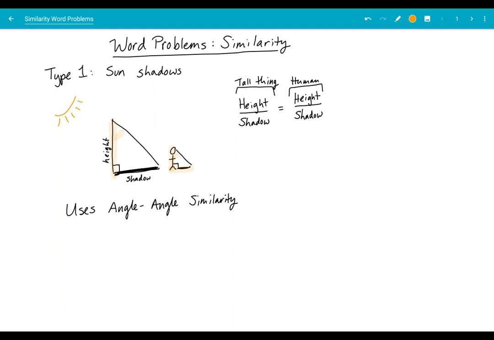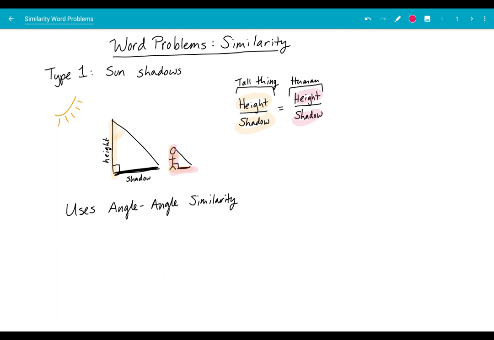And the proportion I would create is just the height over their shadow. And then for the human, I'm doing theirs in the second proportion, height over shadow. You could organize it the other direction, height over height and shadow over shadow, but this is how I decided to organize it.